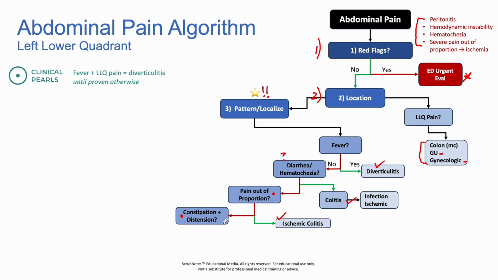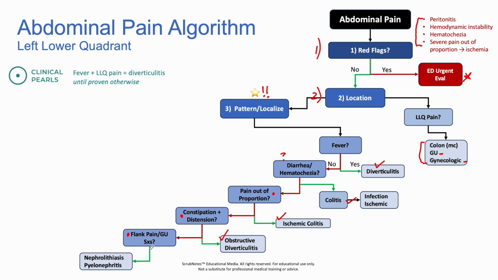If not, we want to next ask about constipation and distension, because that could be indicative of obstructive issues or diverticulitis. And then we also want to ask about flank pain or any genitourinary symptoms, because that could be caused by nephrolithiasis or pyelonephritis. Next, we want to ask about timing.